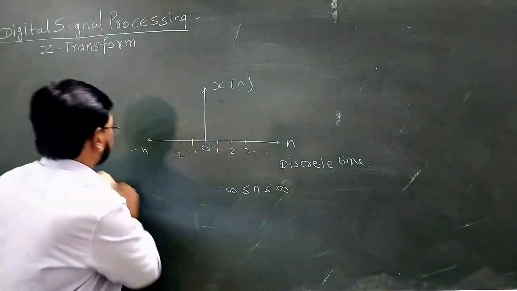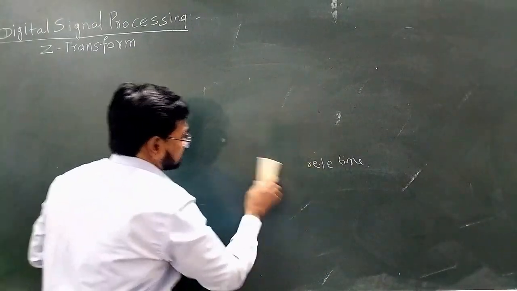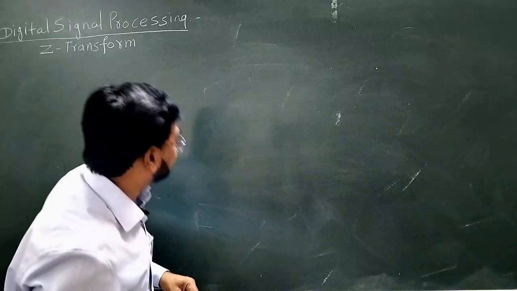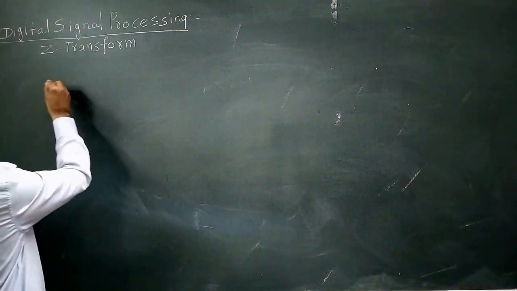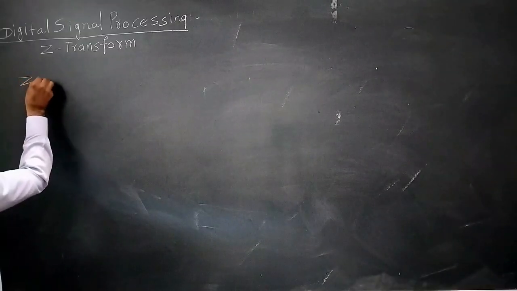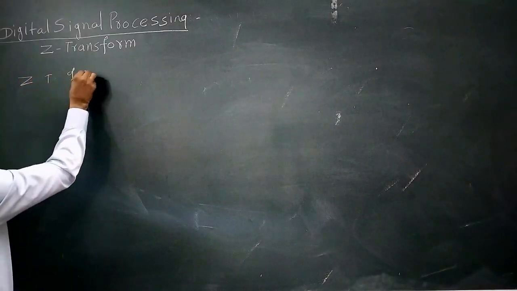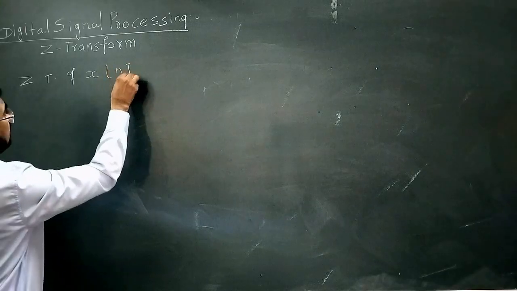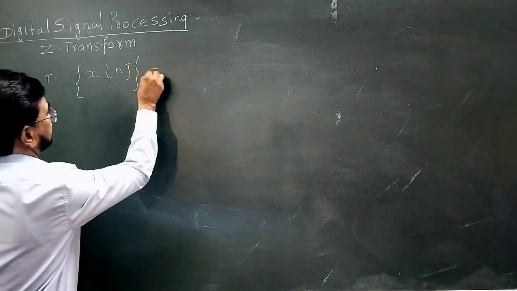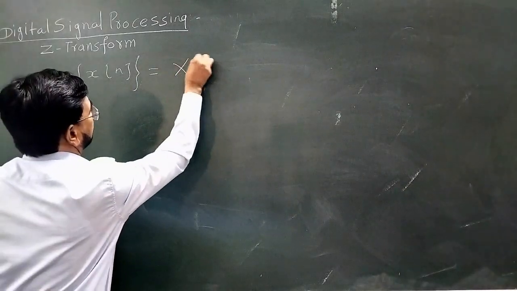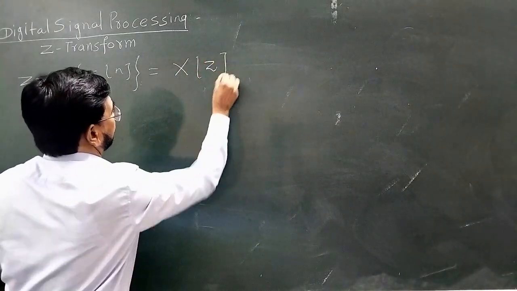Now, for this discrete time sequence, let us define the Z transform. The Z transform of x of n, written in brackets, is equal to X of z.